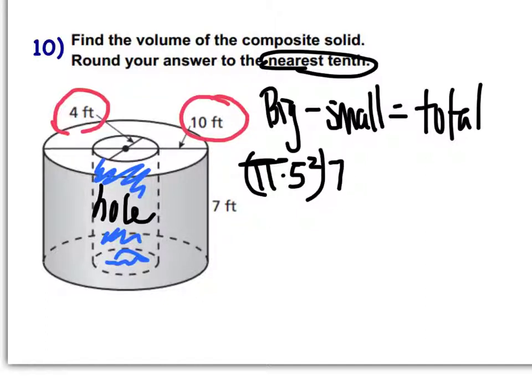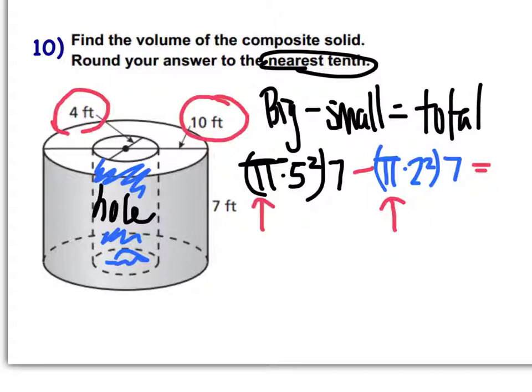Okay, and then we're going to subtract our smaller one. Let's do it in blue. So we're going to go pi. My radius is 2. You guys are awesome. And we're going to times it by our height of 7. Again, this has to be there, so if you forgot about it, put it in right now. And I'm going to plug this straight into my calculator. Why? Because I don't need to round and then round again and then plug it back into my calculator without missing anything.